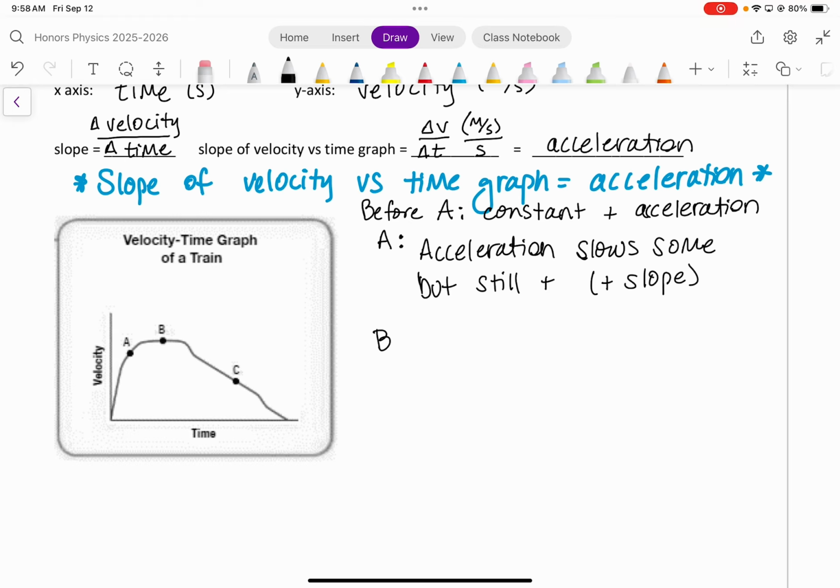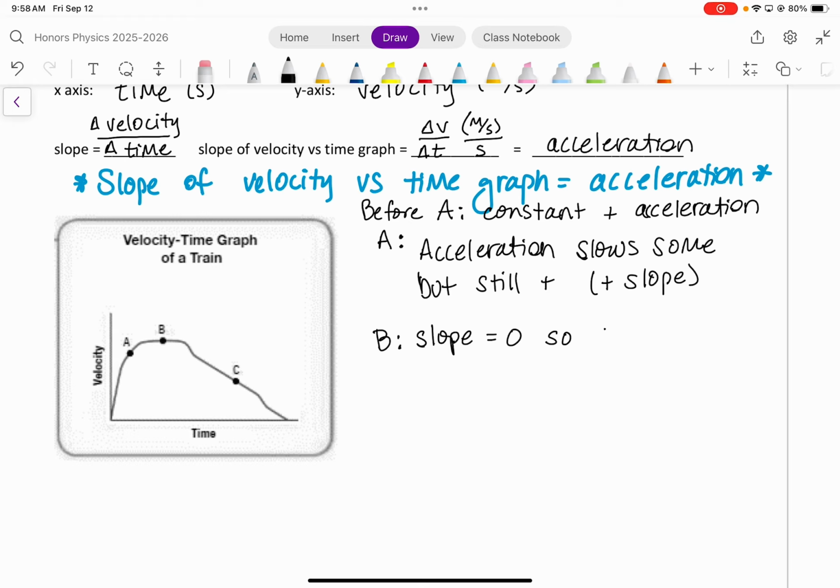What can I say about point B? It's on a slope of 0. Slope is 0. So what does that mean? If the slope of a velocity versus time graph is 0, we think it's at rest, but it's velocity versus time.